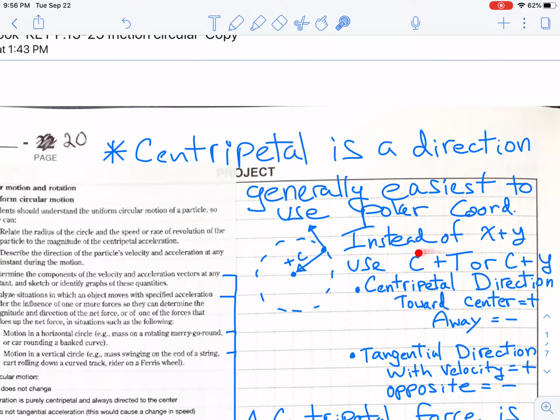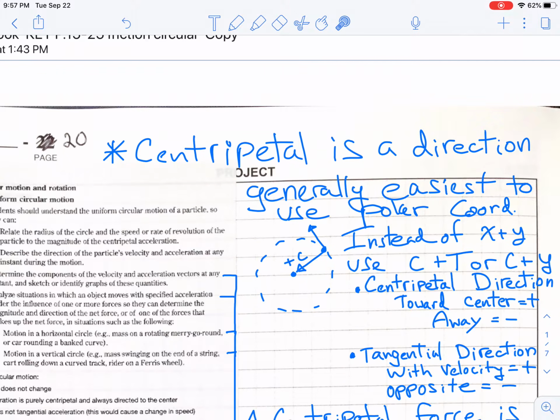We'd use centripetal and tangential as our two directions, or maybe if we were swinging something in a circle, or had to deal with friction keeping a car in place as it goes around a corner, then we'd use centripetal in the y direction.